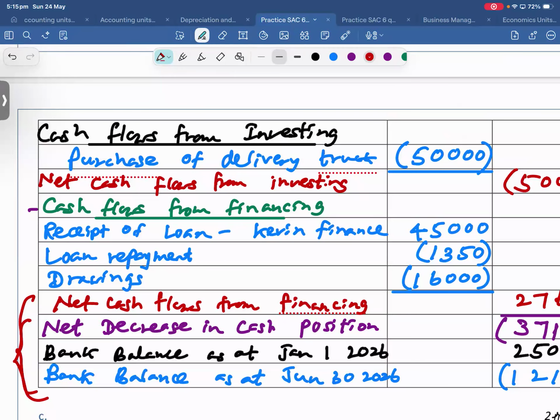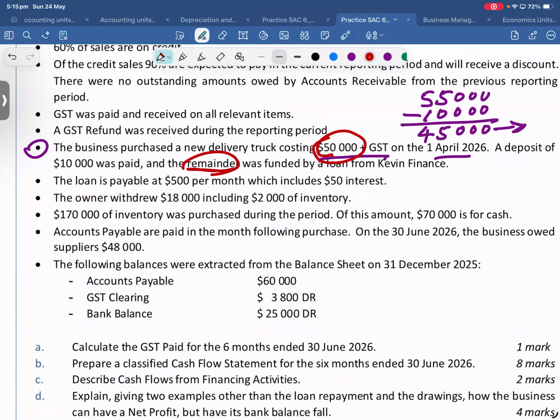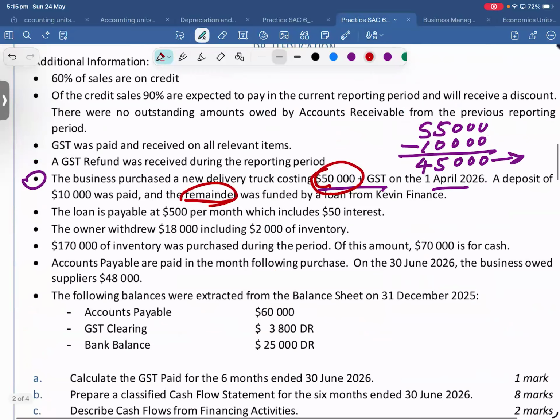Right. Then there is another thing. What is it? No, 10,000, everything is included in the 50,000. 10,000 and the other 40, everything is included there. GST paid. So then what I would do is 5,000 GST paid. I'll go and record here.